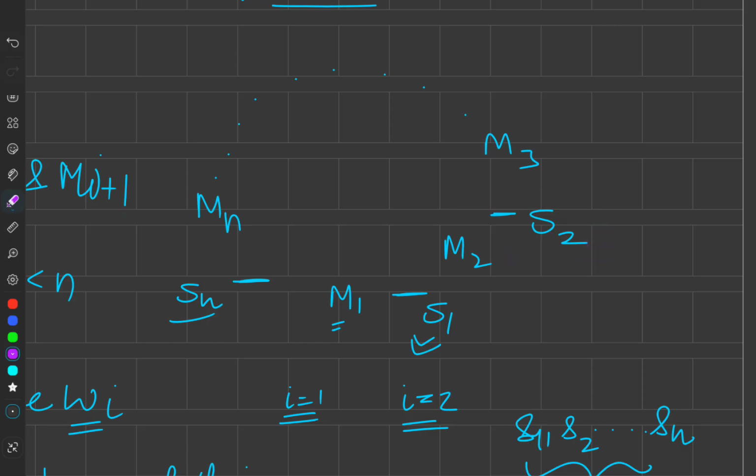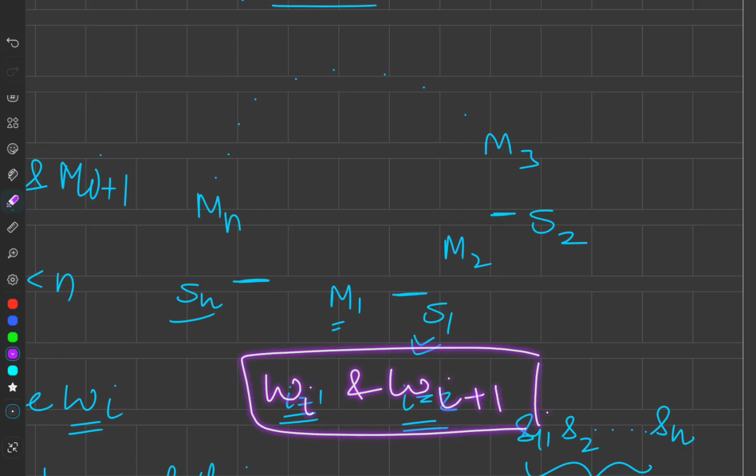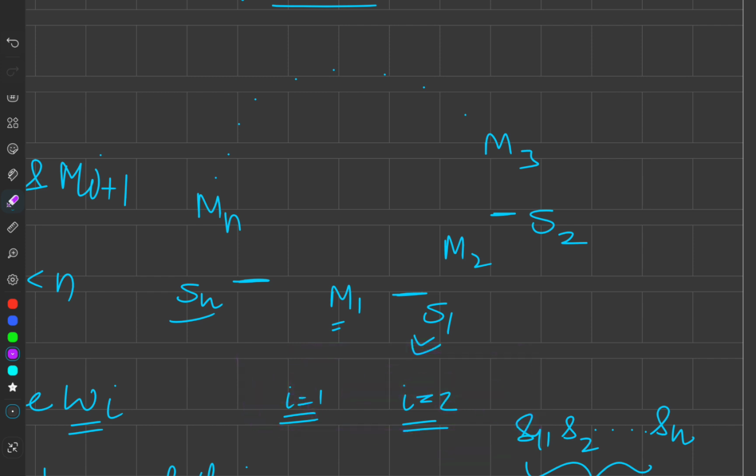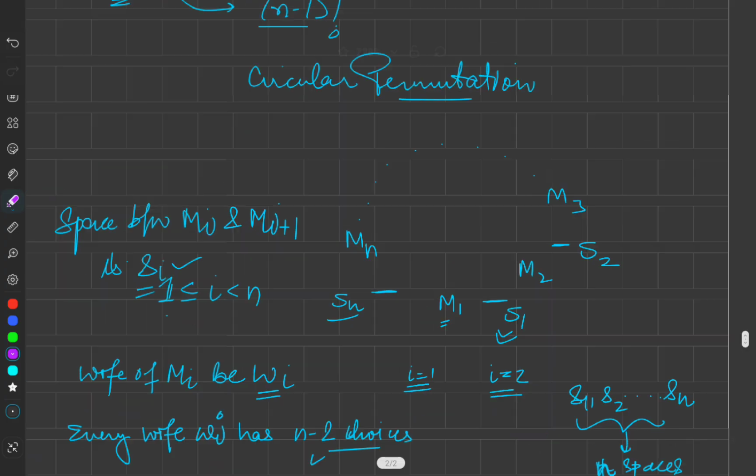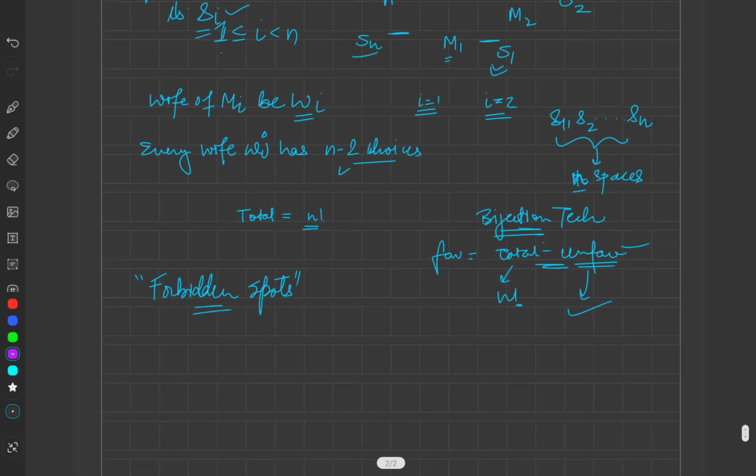If we choose sn, then there would be two places for w2, the forbidden spots. So wife i and wife i plus 1 share a common forbidden spot, but only one of them gets to sit there for the unfavorable case, obviously. So how do we deal with it?